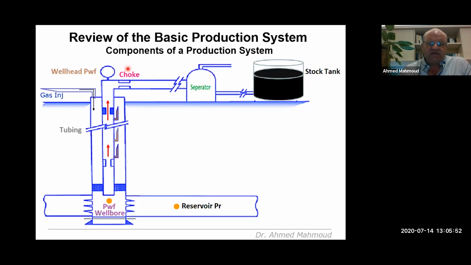And to motivate this migration process from the wellbore to the wellhead, we will pass through the tubing. The tubing needs to have a delta P, which will motivate the motion.